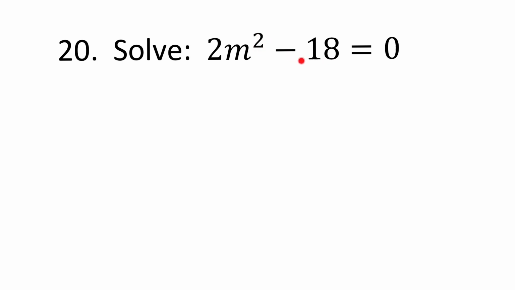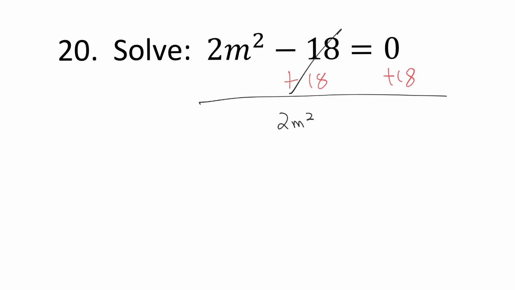I will take this minus 18 to the other side of the equation. So I'm going to do the opposite. I'm going to add 18 to both sides. And we get 2m squared, cancel the 18, equals 0 plus 18 is positive 18. Then you guys divide by the 2 on the left side of the m.